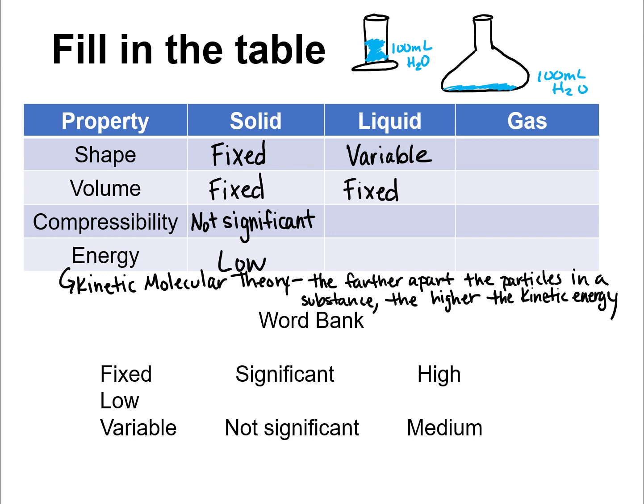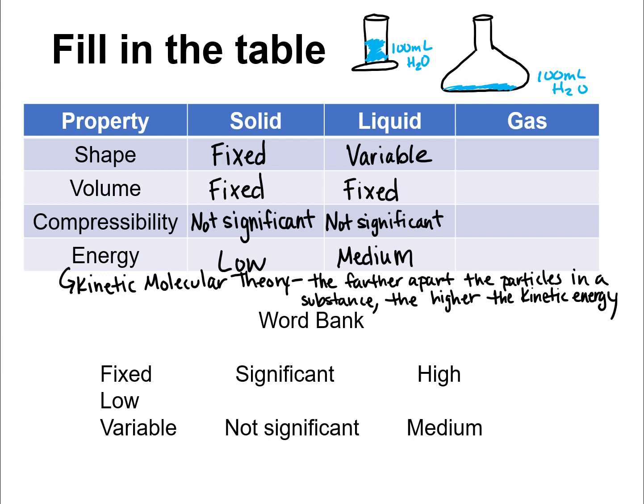The next property is compressibility. Just like a solid, you're not really going to compress a liquid. So that's not significant. Energy-wise, it's going to be greater than the solids. We're going to call it medium.